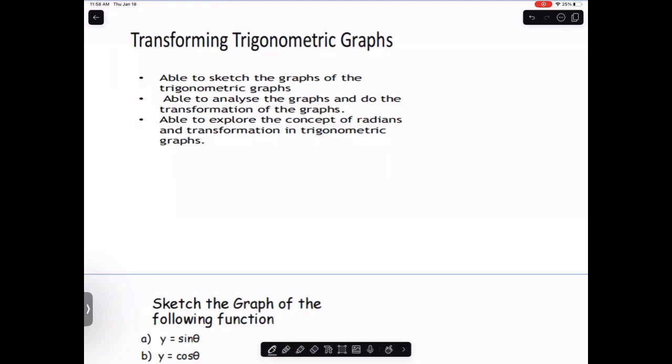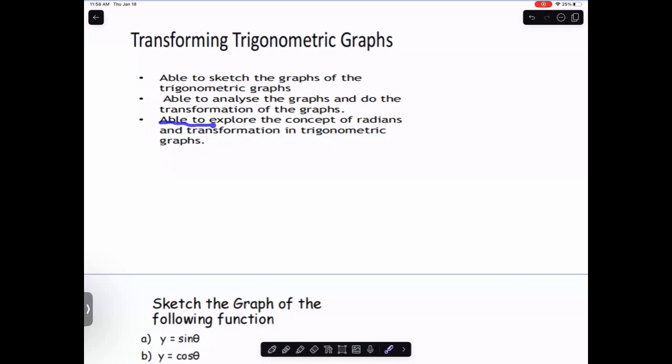Today we'll be focusing on transforming trigonometric graphs. Our major focus today is on trigonometric graphs, and the focus of our class is the ability to sketch the trigonometric graphs, and also you should be able to analyze the graphs and do the transformation of the graphs.